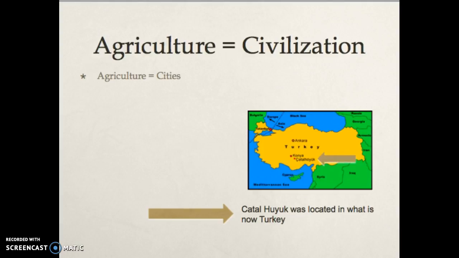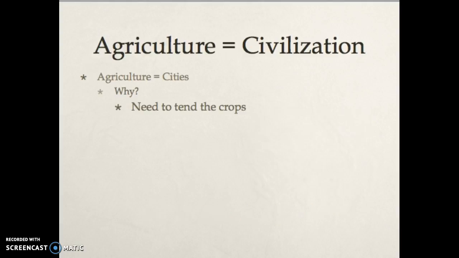But what is the connection between agriculture and the rise of cities? One thing has to do with the nature of agriculture itself. If you plant a field of wheat or barley, it has to be tended. Someone has to weed the fields and keep animals from eating the crops. Later, the crops have to be harvested, and excesses have to be stored for another year or for the future planting.